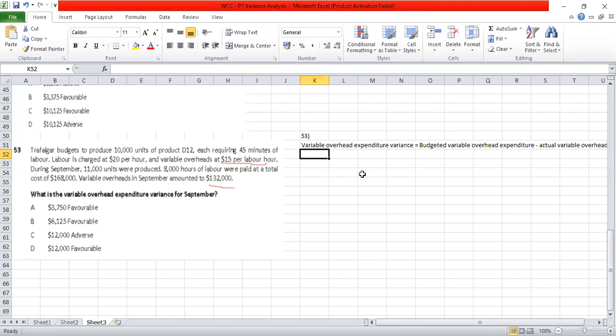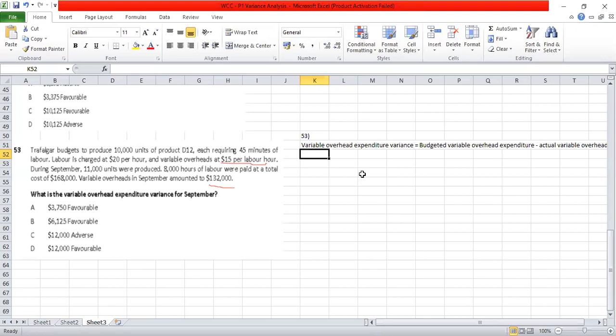See, the identifiability of overheads is not there. So there is no identifying it with the number of units which are taken up; it would not be charged according to that.